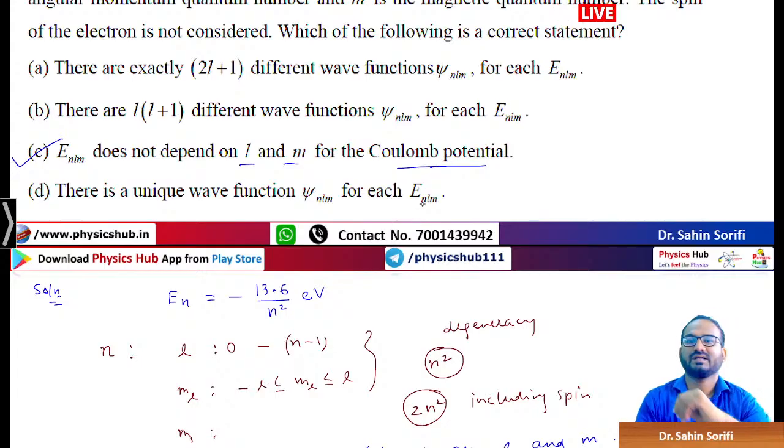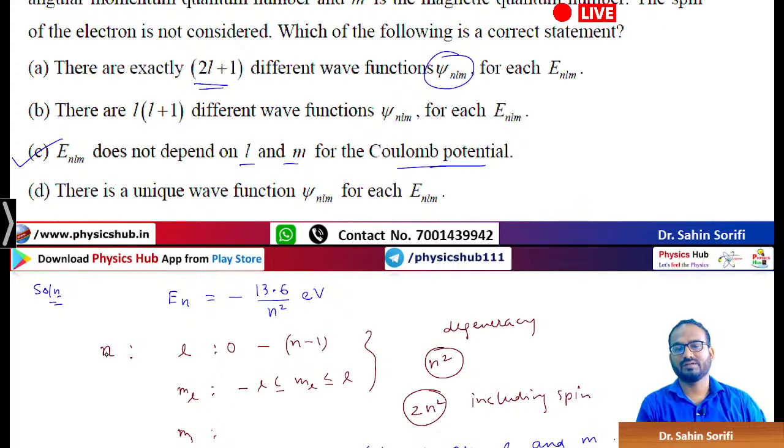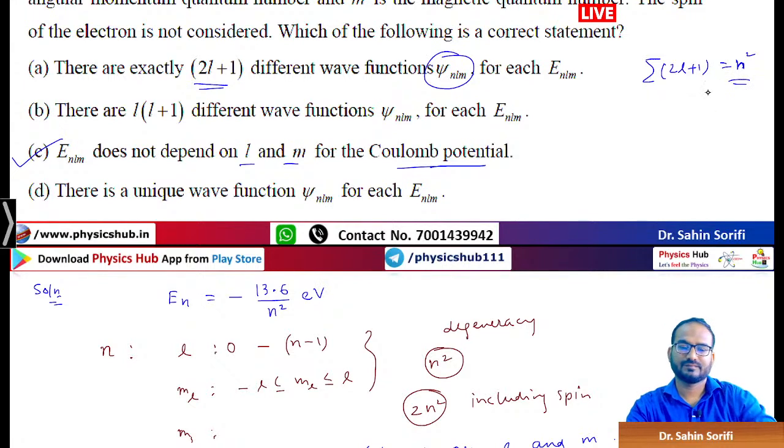Why are there exactly this many wave functions for each energy? Because it is not 2l plus 1 alone. It is the sum over 2l plus 1 that gives rise to n square. Okay.